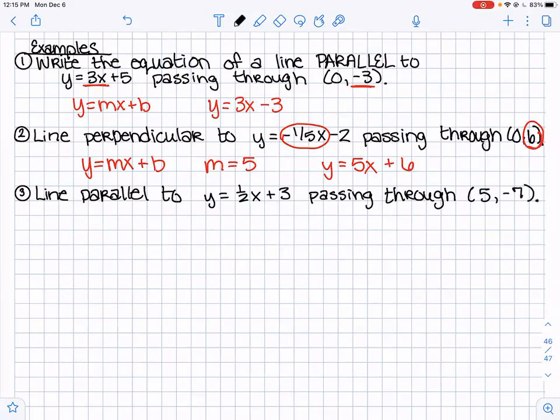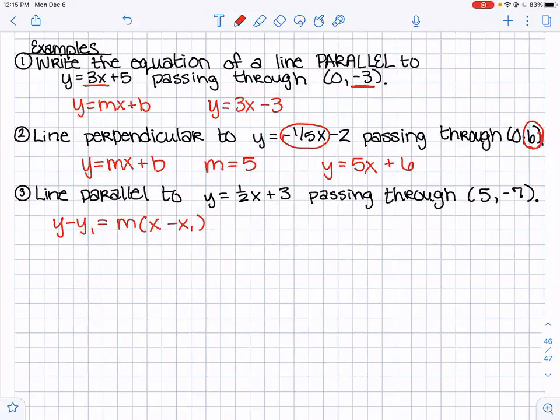Okay, so we're going to write an equation for a line in point slope form, which Ava just told us, using the slope from this line and the point that they gave us. Okay, so point slope form is y minus y1 equals m times x minus x1.